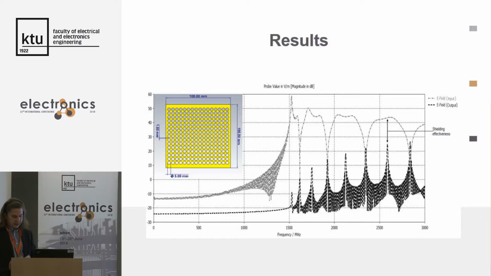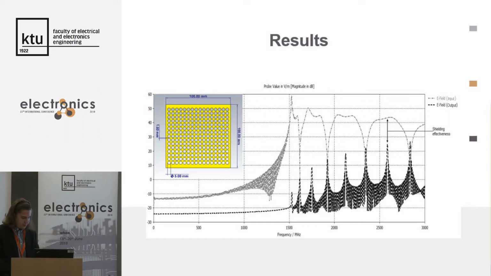Okay, that was the research part, which leads me to the most interesting part, I guess: the results. The first figure illustrates the electric field detected by a probe behind the shield with circular holes.